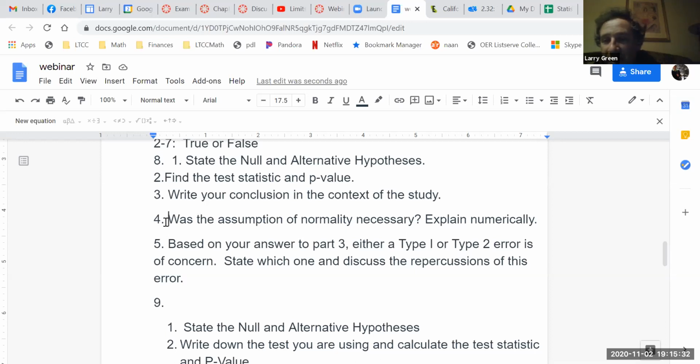With proportions, then what do you need? What do you need to not have an issue with normality? Numerically, I'm looking for a special number.